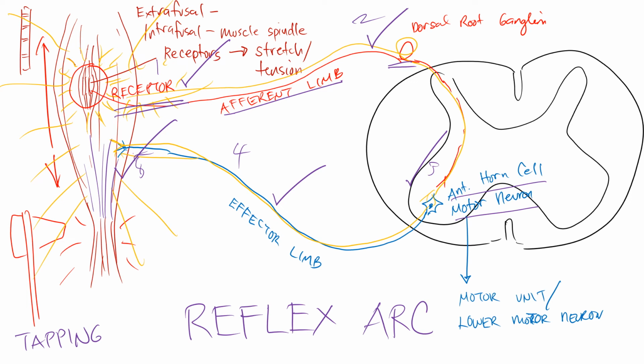It means either your receptor is damaged, your sensory nerve is damaged, your dorsal root ganglion may be damaged, your anterior horn cell could be the one that is damaged, your motor nerve could be cut, or your muscle could already be atrophied, or your muscle fibers are all shot. So it is a very simple test, and it will tell you a lot of things.